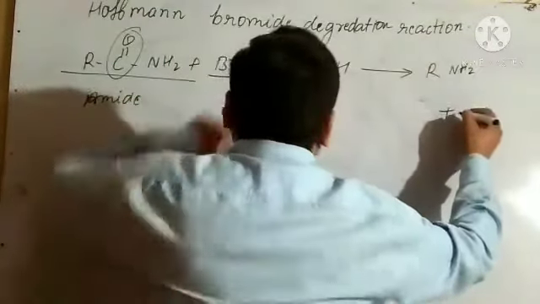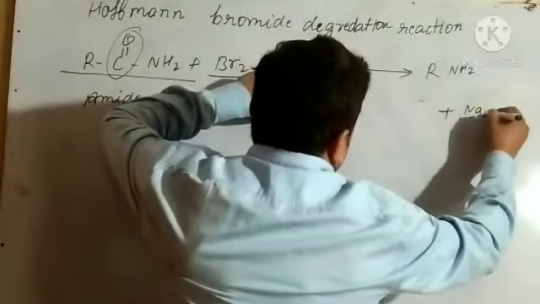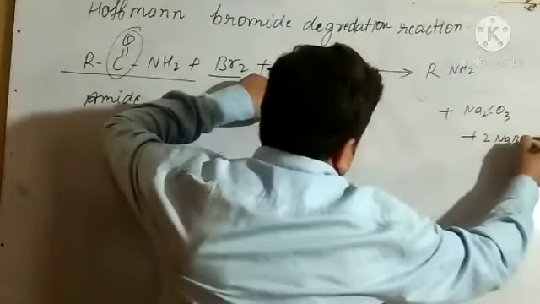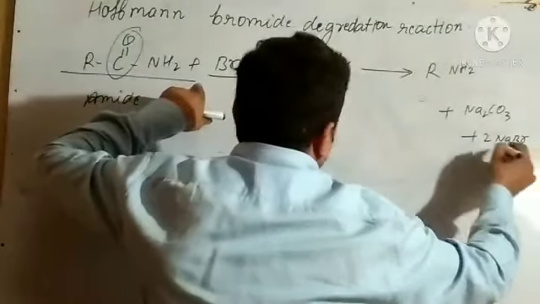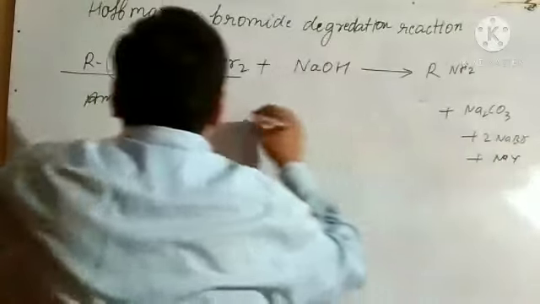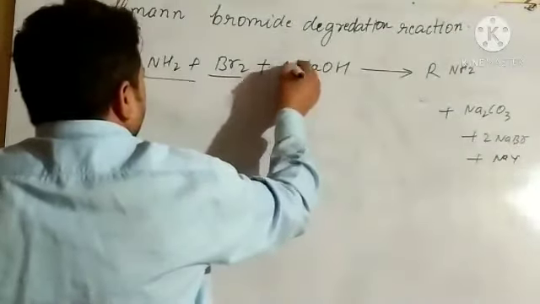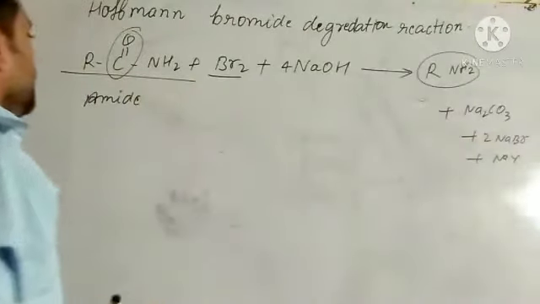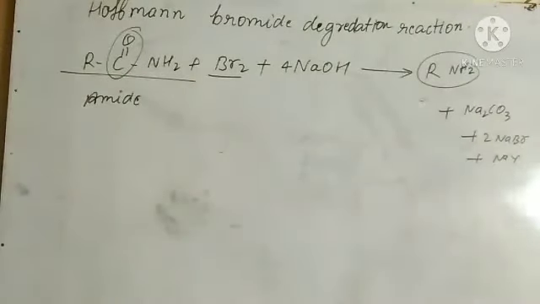And what is formed is Na2CO3 plus 2NaBr plus 2NaX. So what we got here is amine. This method can be used for preparation of aliphatic as well as aromatic amines.